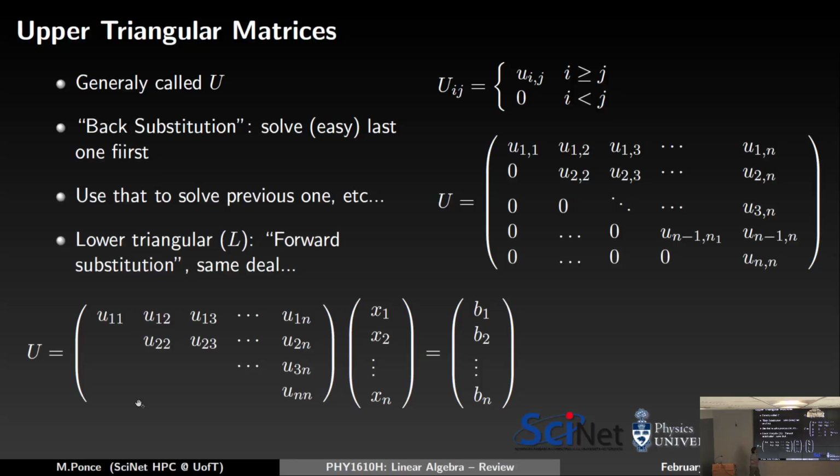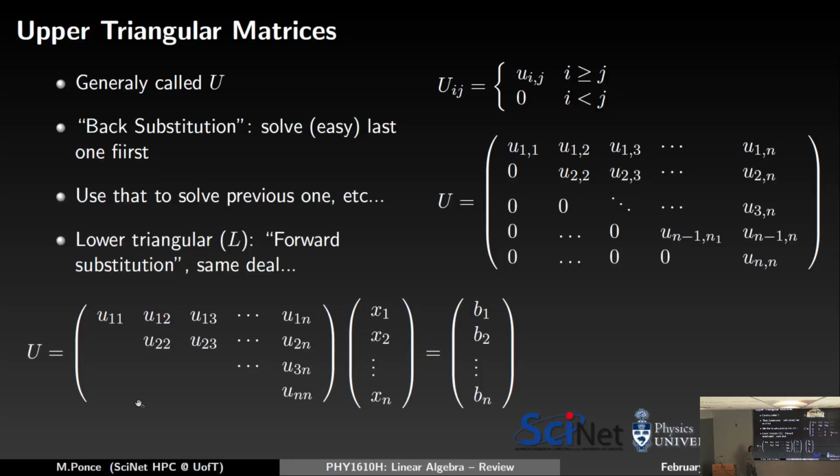Another case which is nice, not as simple as the previous one, but still a nice system, is what are called the upper triangular matrices. It means that only the elements above the diagonal are non-zero. Okay, so only above the diagonal, with i less than or equal to j, are different from 0, and whatever is below is 0.